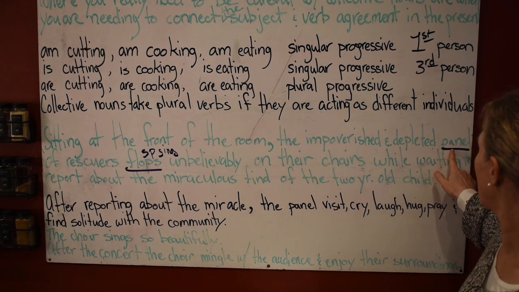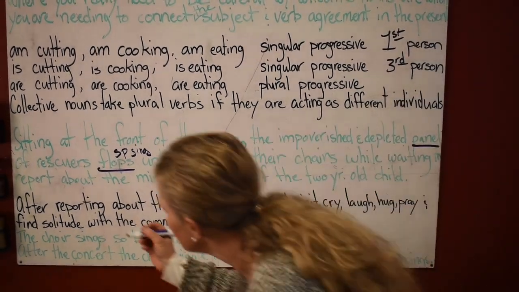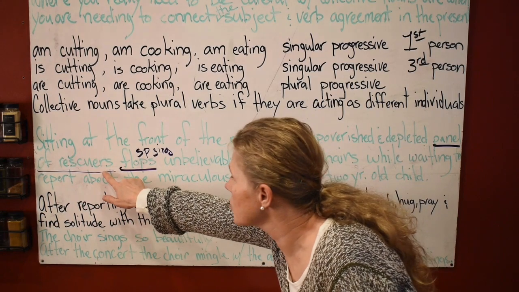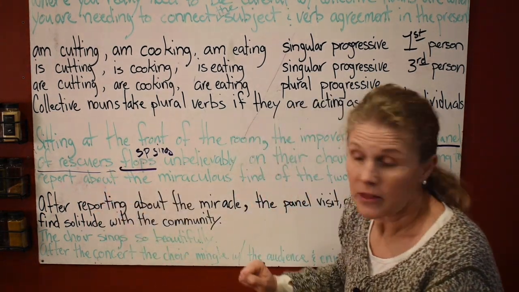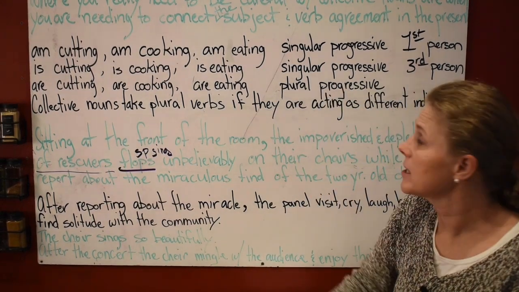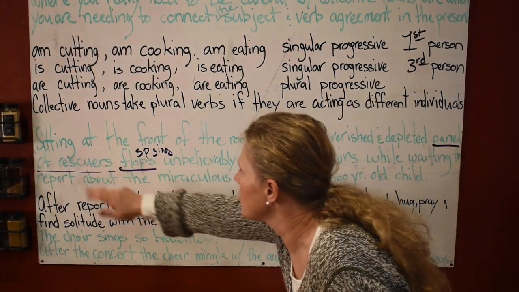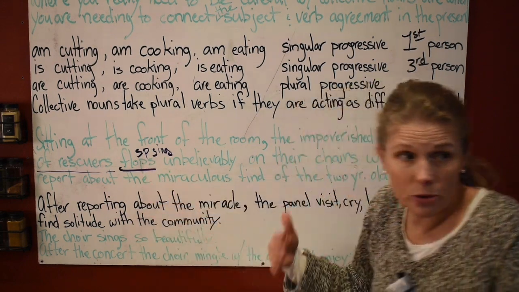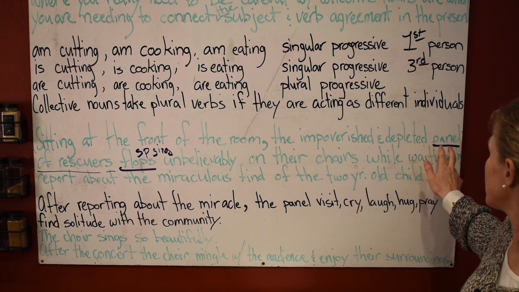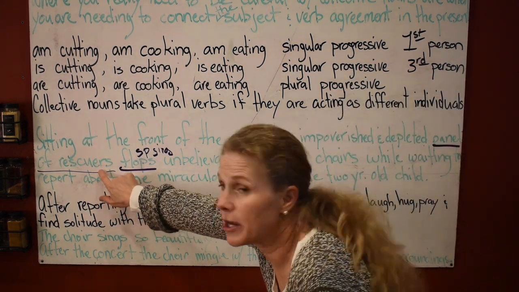Now, also, the panel can be lots of different things. So we have prepositional phrases. Rescuers right here, that's not your subject. It looks like your subject, but that's the object of the preposition. So you're not looking at rescuers that flop. The rescuers are flopping, but it's the panel that's your subject. You need to connect your subject and your verb. This is not your subject.